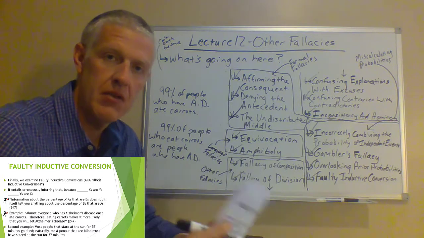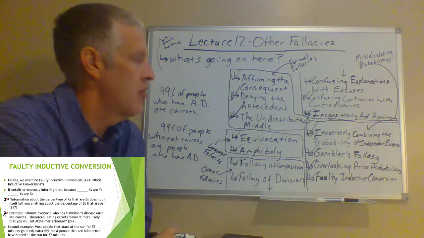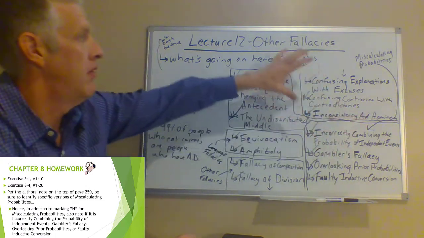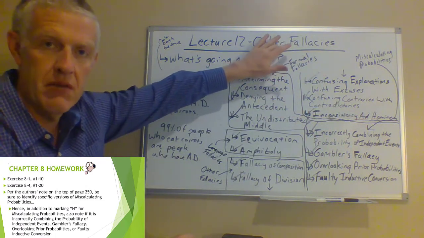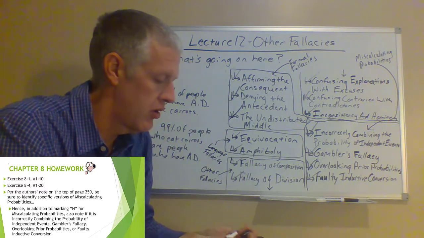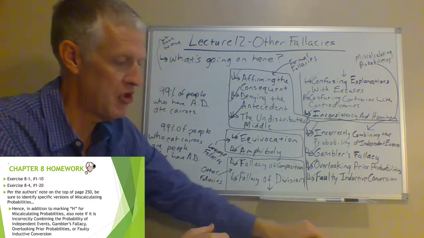And that, my friends, wraps up our discussion not only of miscalculating probabilities, not only of other fallacies, not only of section 4 of the course, but it wraps up the course in general.